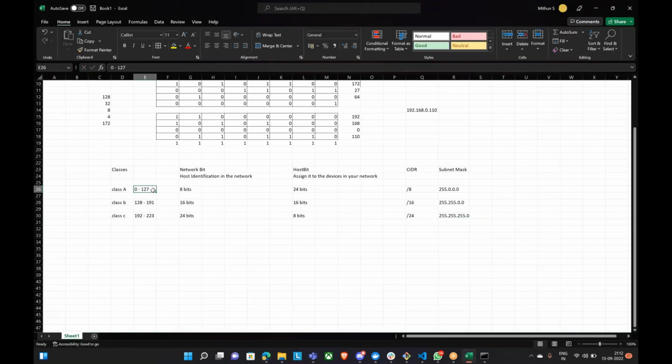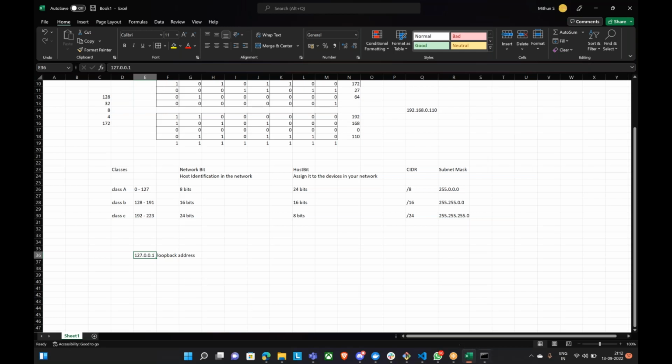So 127 we cannot use. Why? Because 127 is a very special address. 127.0.0.1 is a special IP address called the loopback address. What is the use of the loopback address? It will be there in every device.